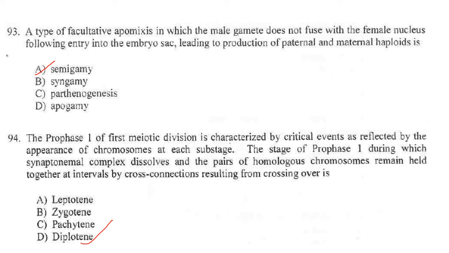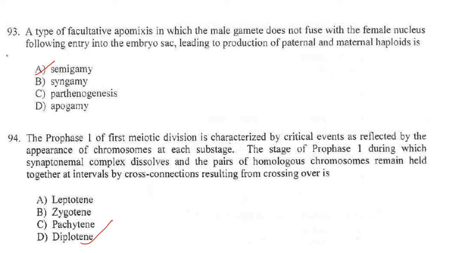Then the prophase 1 of first meiotic division is characterized by critical events as reflected by the appearance of chromosome at each substage. The stage of prophase 1 during which synaptonemal complex dissolves. So crossing over has already taken place. And the pair of homologous chromosomes remain held together at intervals by cross connections resulting from crossing over.